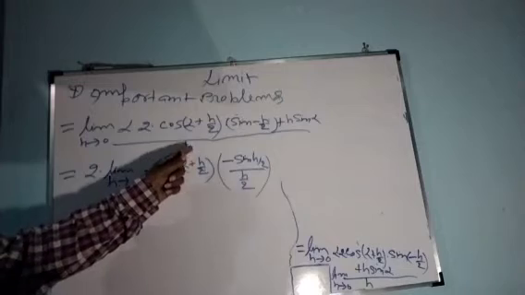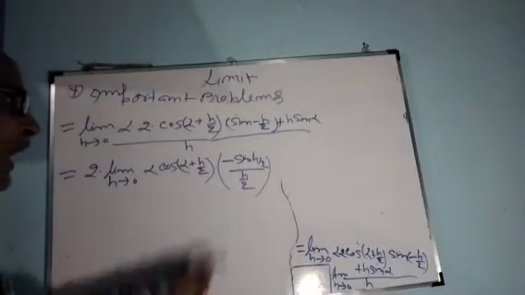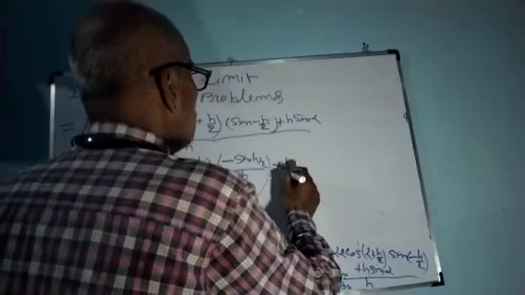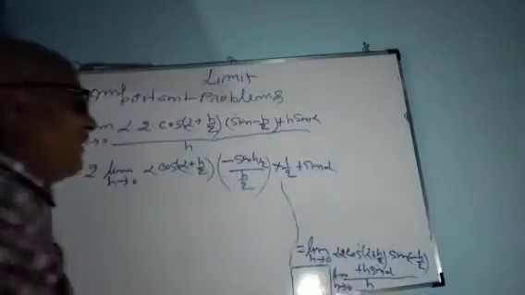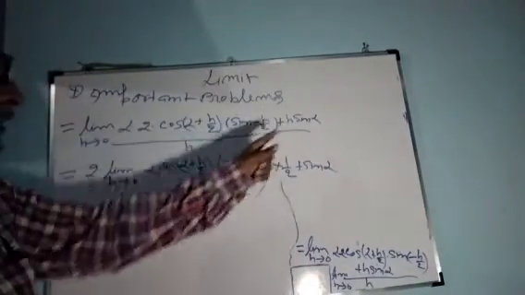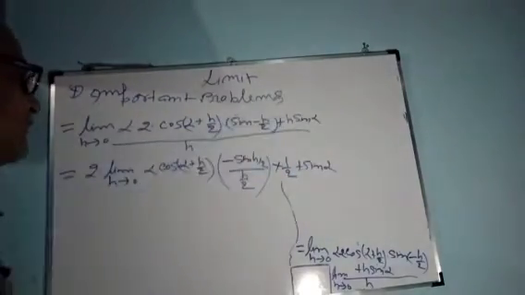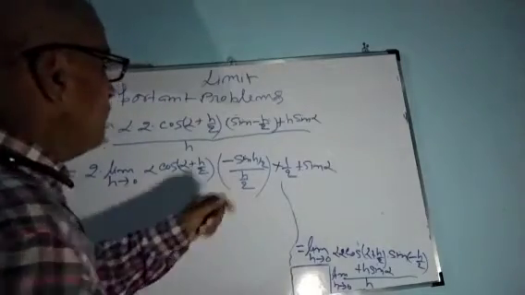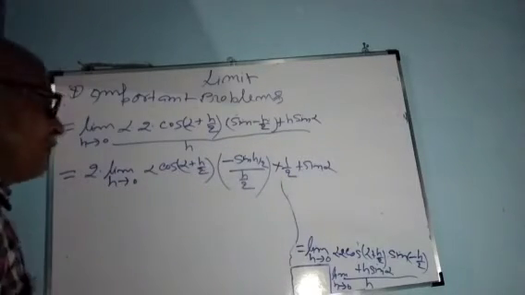H has come here with this sine h by 2, and we have divided the function by 1 by 2, so we also multiply the function by 1 by 2 plus sine alpha. H has removed, h by h cancel, h by h cancel. Here h comes with this, here I have divided the function by 1 by 2, we multiply the function by 1 by 2.